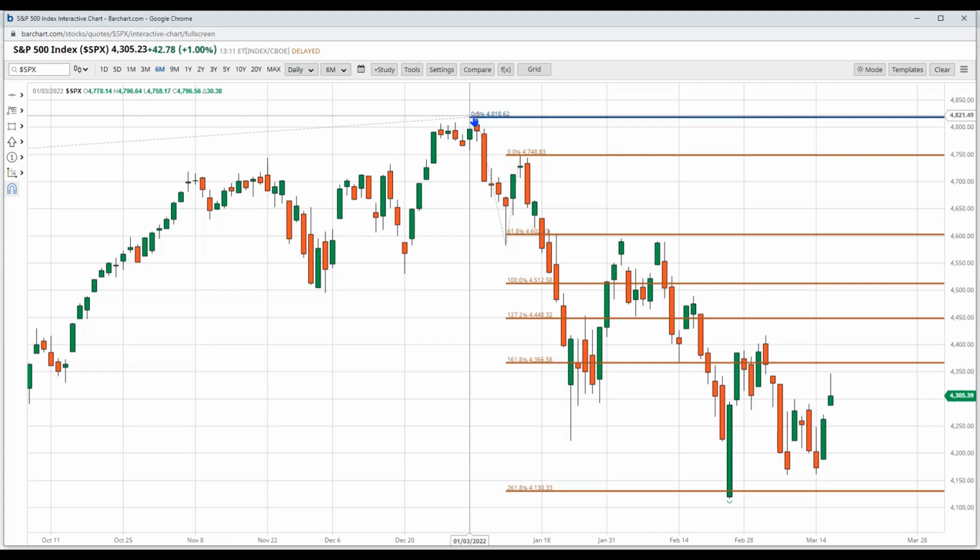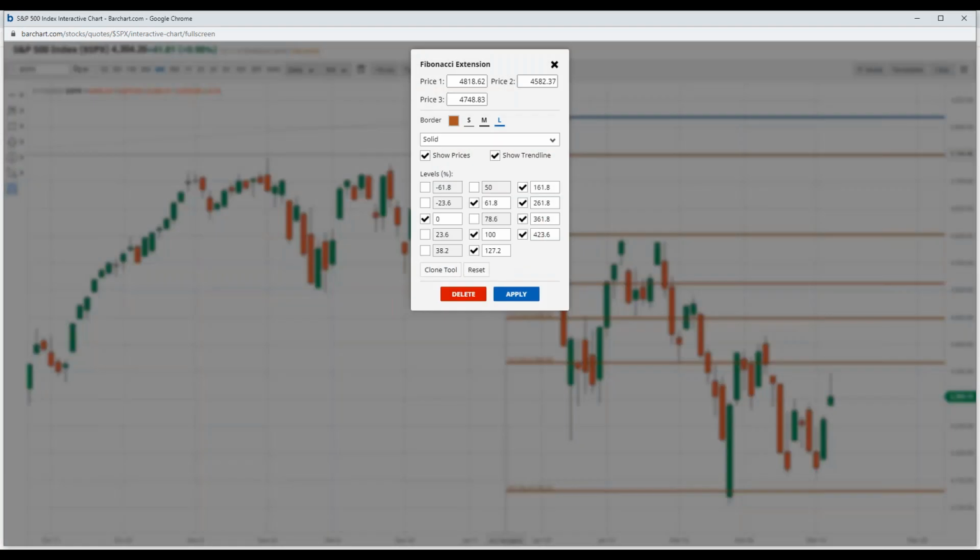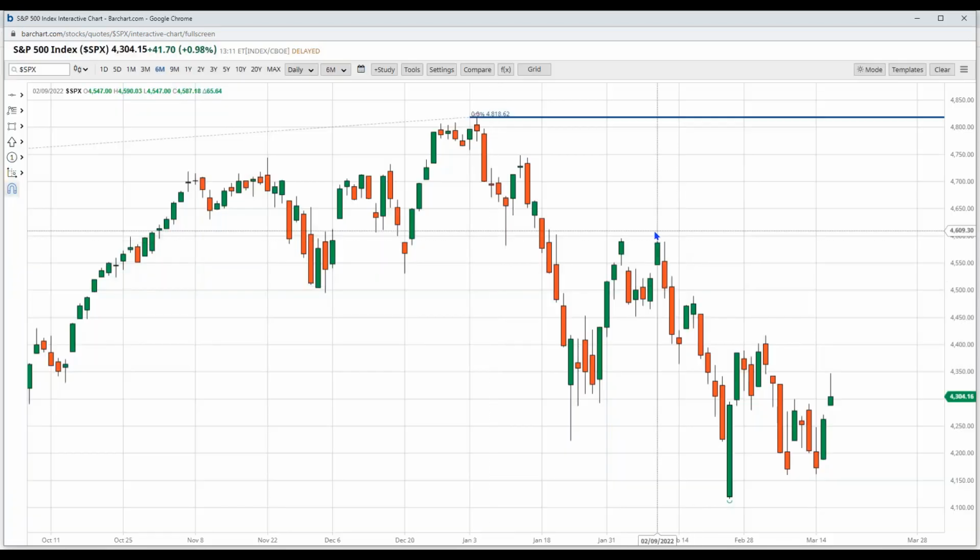So in other words, this length from here to here, if I did that in a value, this length here, 100%, would be equal to this previous leg or the previous wave. And that's what an extension basically shows us. Let's look at this extension.